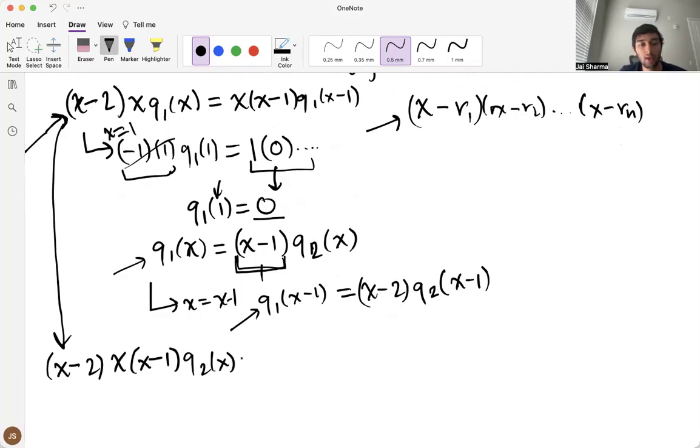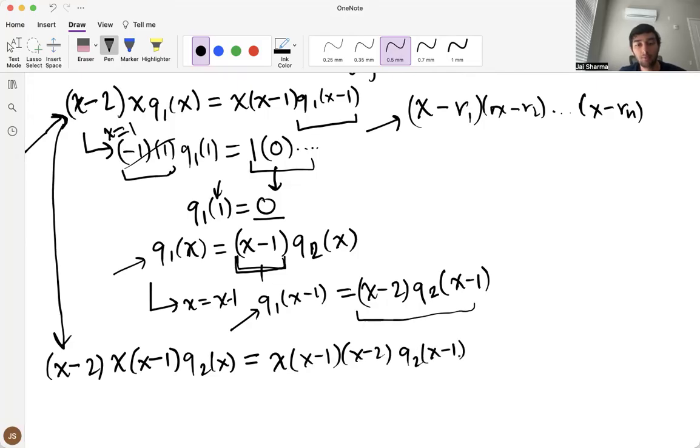And this is equal to x times x minus 1 times q1 of x minus 1. That's why I replaced everything with x minus 1, in order to get this expression right here. So I'm going to replace that here: x minus 2, q2 of x minus 1.